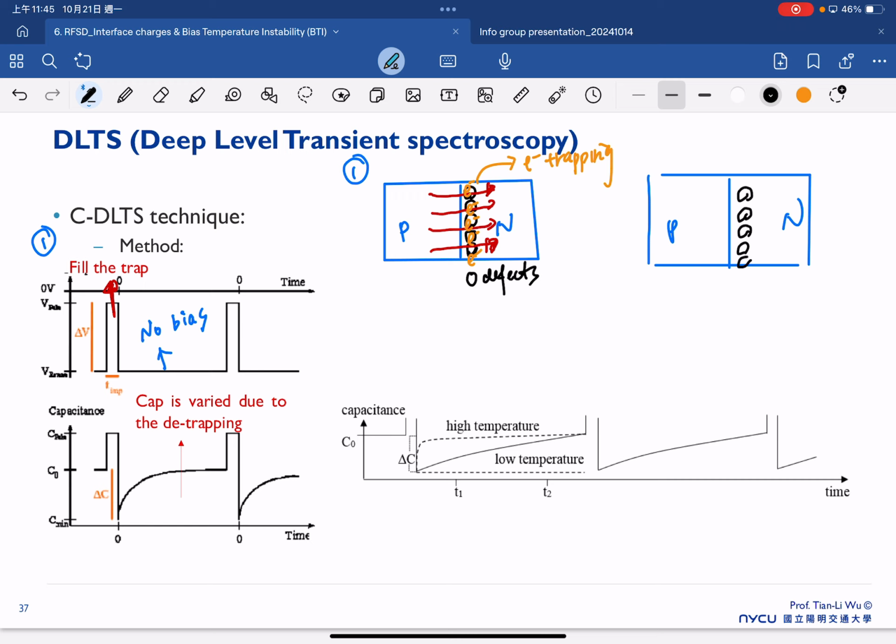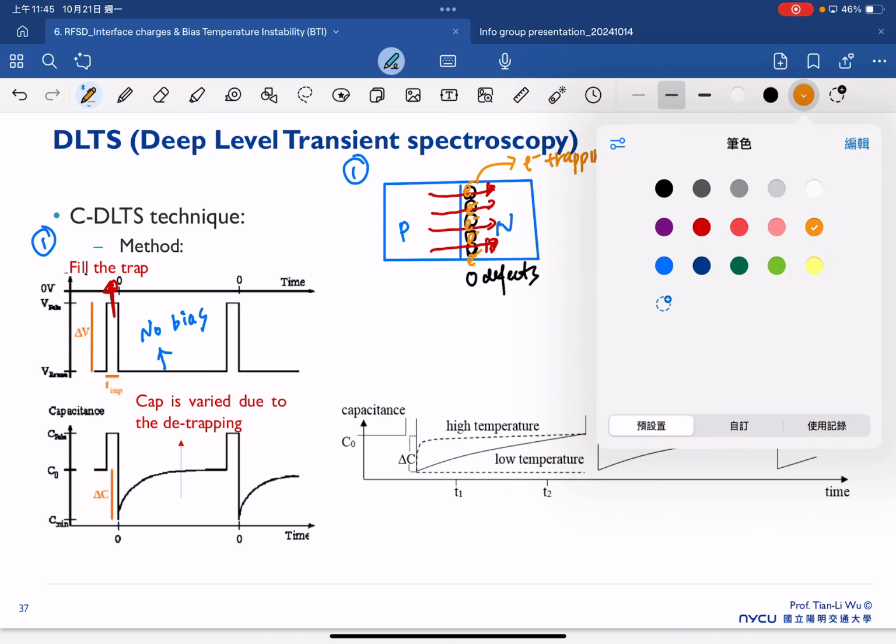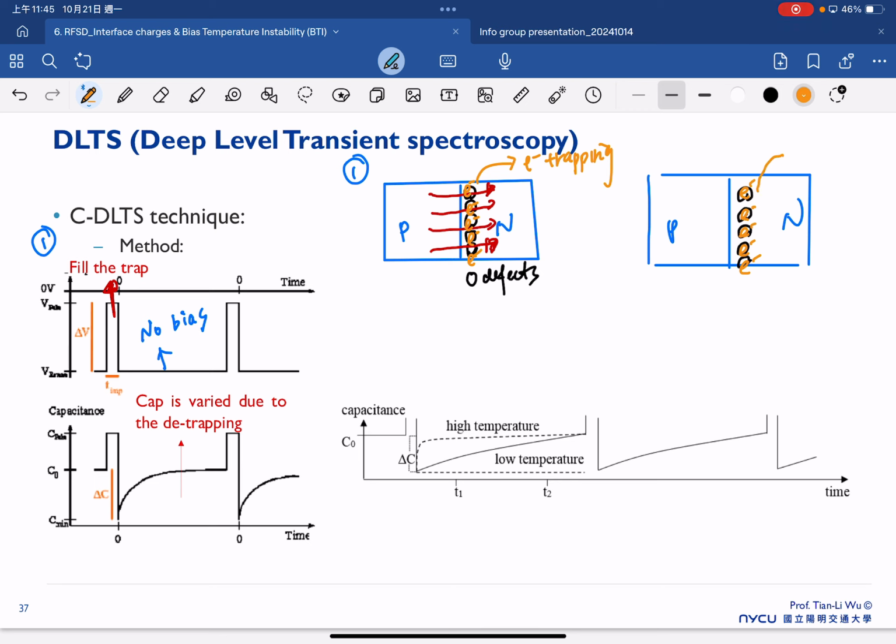And we also know the defect now has captured the electron. But since this is the moment we stop the bias, this electron might start to be in the process of detrapping.